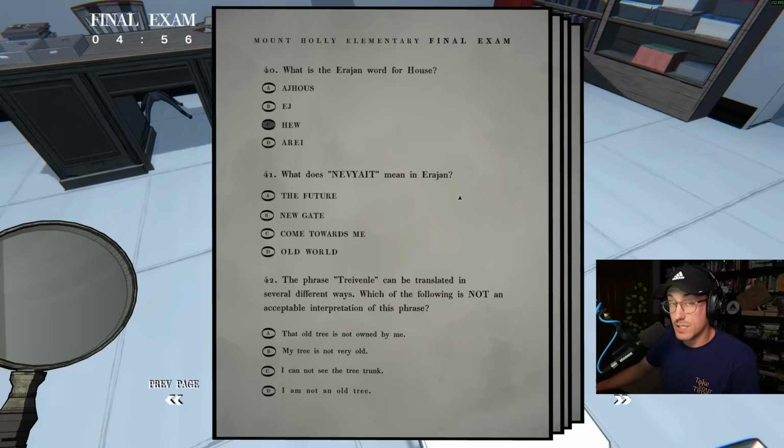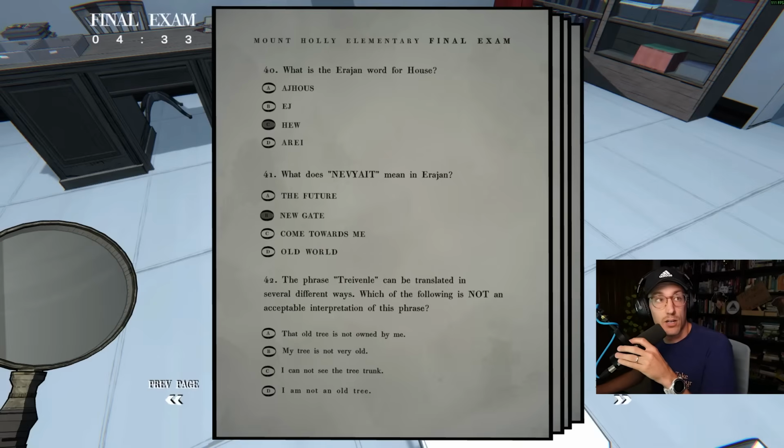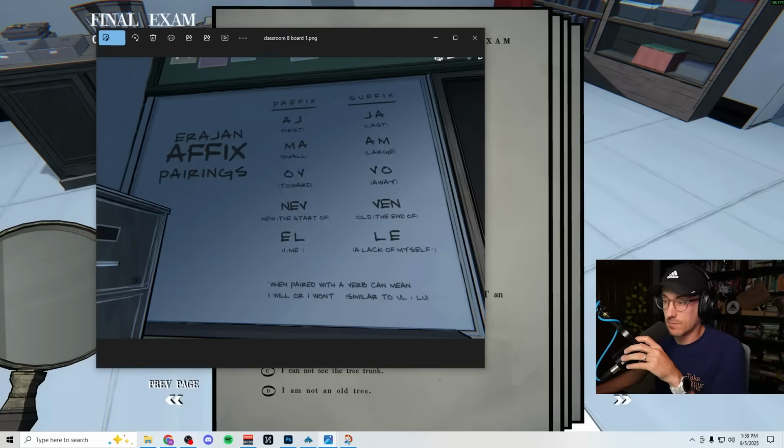Nev is the start of, or new. Yate is gate. So new gate. The phrase trivenly can be translated in several ways. Tree, ven means old. Lay means, I already closed my sheet.